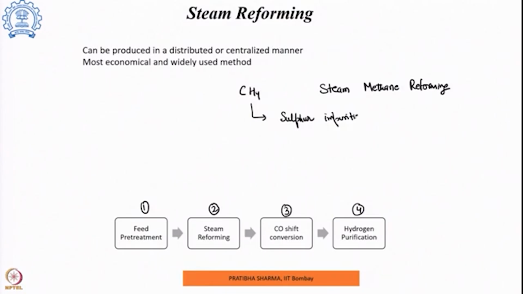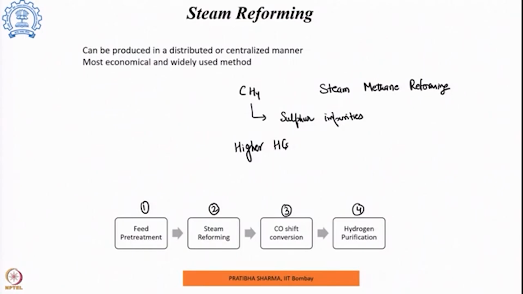Now these sulfur containing impurities need to be removed so that they do not deactivate the catalyst which is being used for the rest of the downstream processes. However, if higher hydrocarbons are being used, then they may have other impurities, as well as the decomposition of these hydrocarbons can also deactivate the other catalyst.